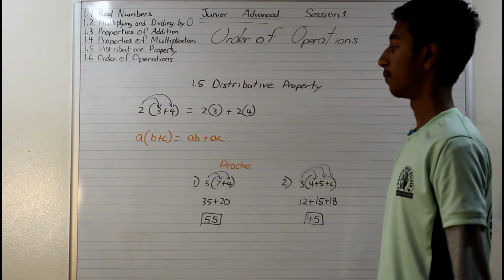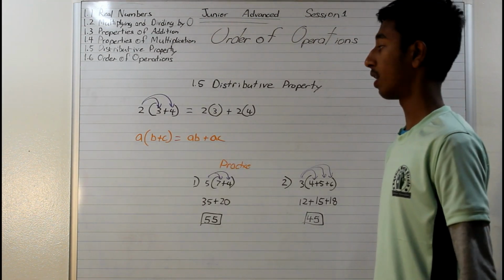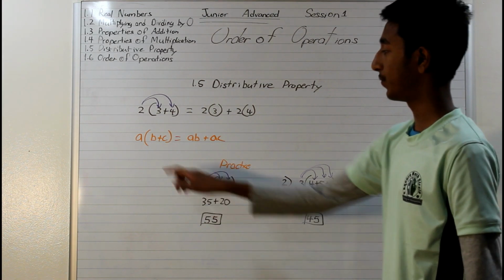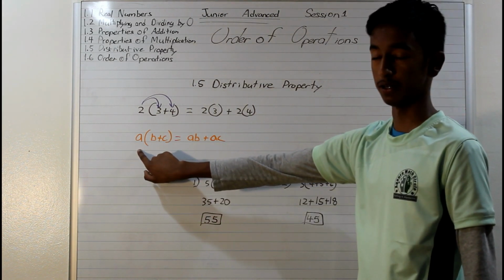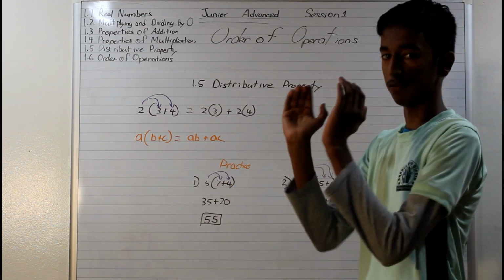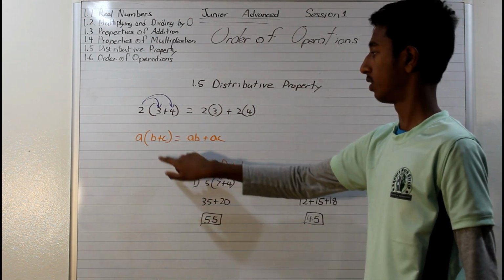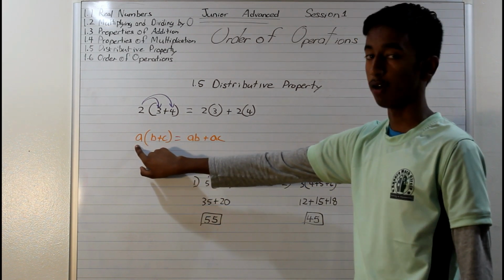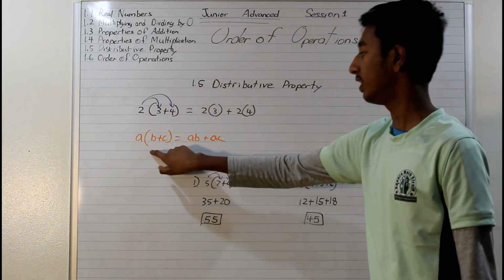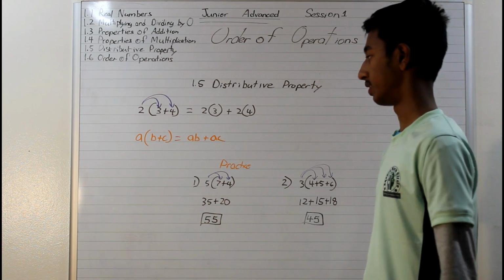1.5, distributive property. So the distributive property states that if you have a number times a quantity, or therefore in parentheses, an addition or subtraction, you can take the outside number and multiply it by each one of the numbers inside the parentheses.